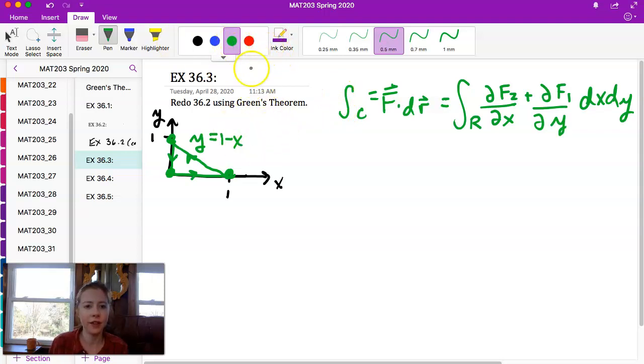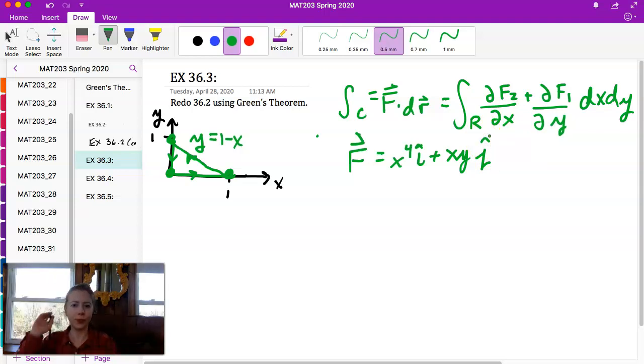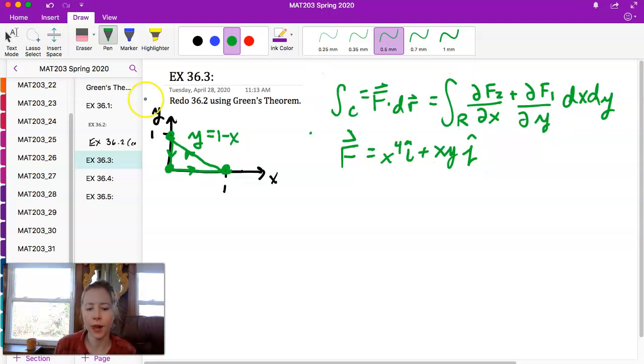Okay, and so let's take a look. Let's rewrite f just to make this clear. So f is going to be x to the fourth i hat plus xy j hat. All right, so now let's look at del f2 over del x first.